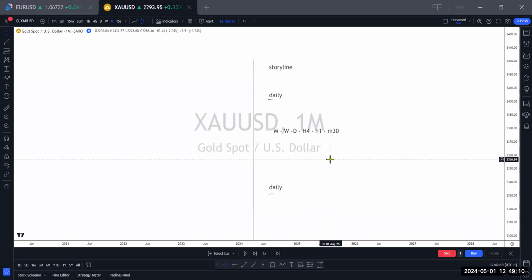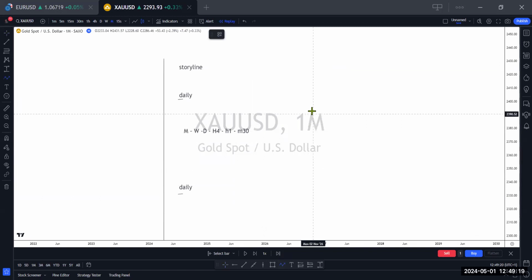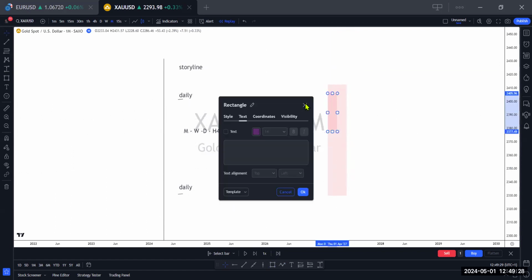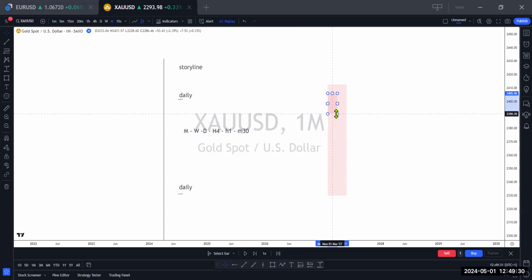So a monthly candle has 4 weekly candles. For example, if this is a monthly candle, inside this bearish monthly candle, you're likely going to have one, two, 3, 4.